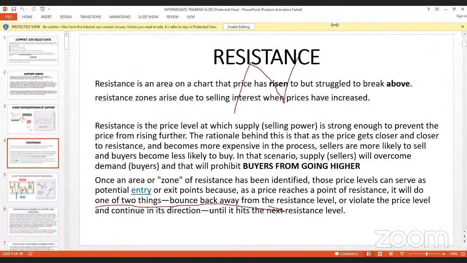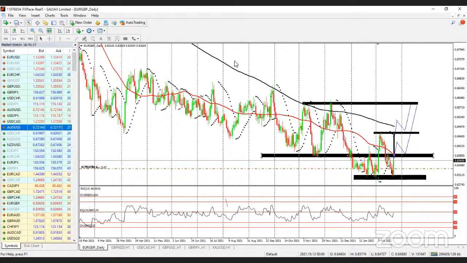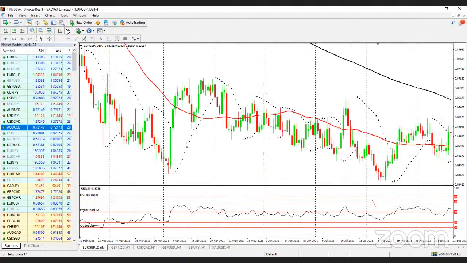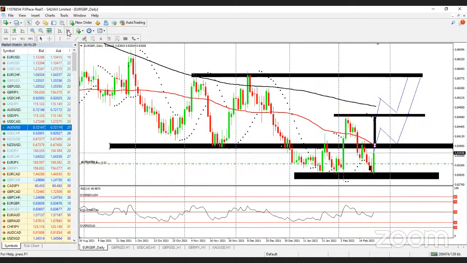Okay, a quick one. From what you just taught us on support and resistance, to cap it up, can I say that in the support, one can make an entry if he wants to buy, and in the resistance level, one can sell?